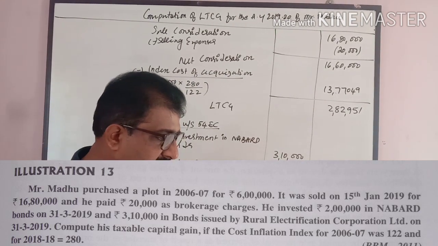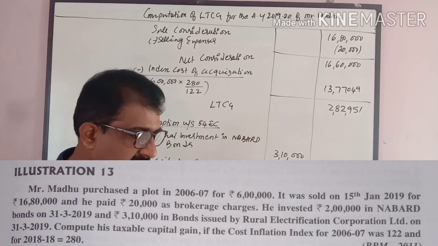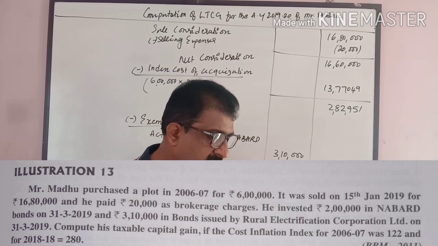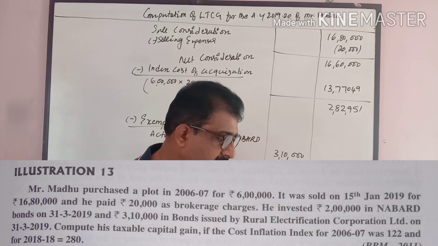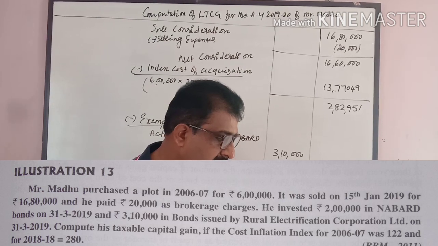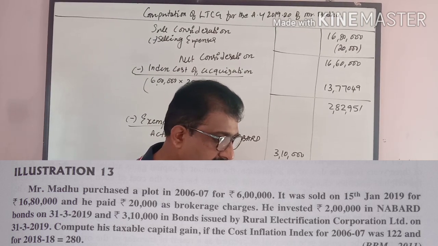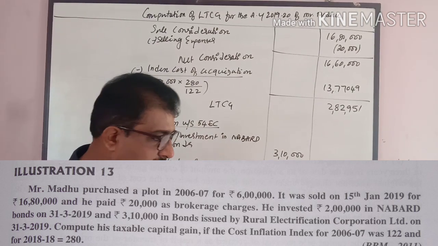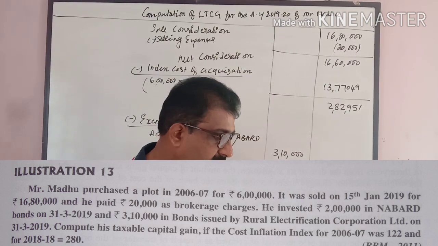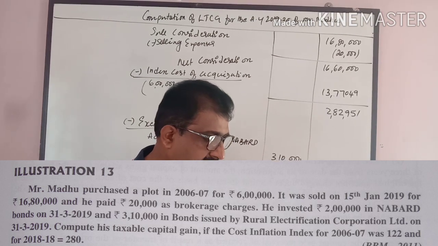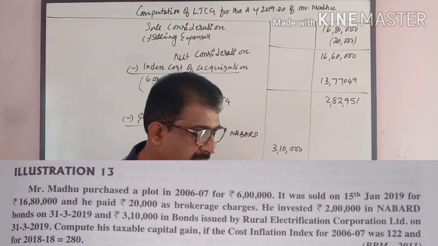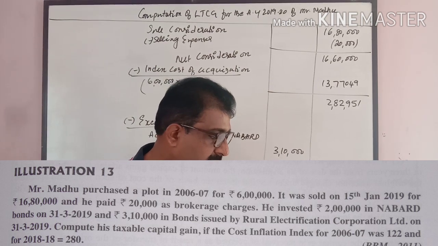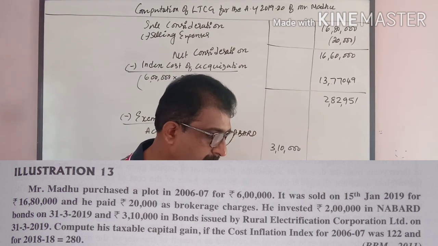Mr. Madhu purchased a plot in 2006-07 for 6 lakh rupees. It was sold on 15th of January 2019 for 16 lakh 80,000 and he paid 20,000 as brokerage charges. He invested 2 lakhs in NABARD bonds on 31/3/2019 and 3 lakh 10,000 in bonds issued by Rural Electrification Corporation Limited on 31/3/2019.